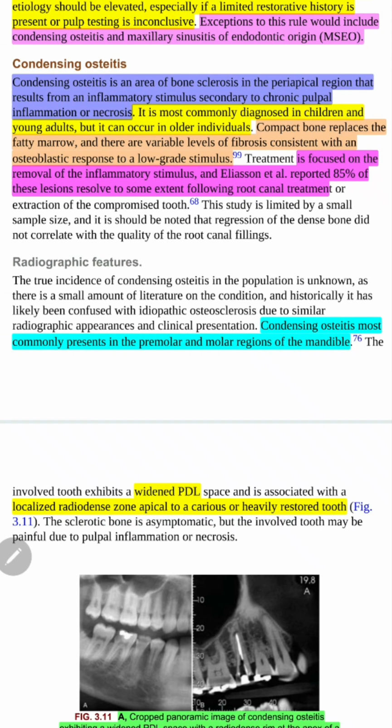Compact bone replaces the fatty marrow, and there are variable levels of fibrosis consistent with an osteoblastic response to a low-grade stimulus. Treatment is focused on removal of the inflammatory stimulus, and 85% of these lesions resolve to some extent following root canal treatment. It is usually present in the premolar and molar regions in the mandible.